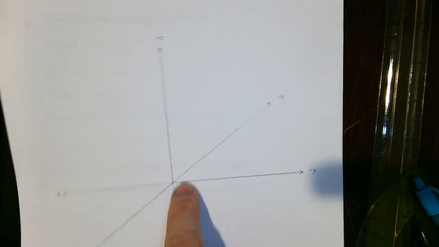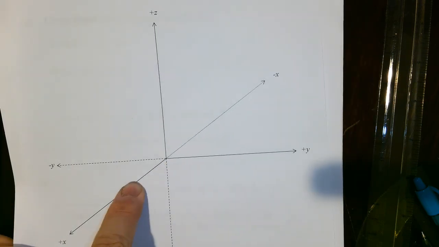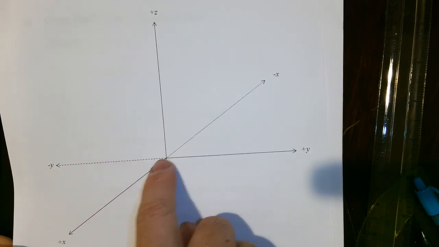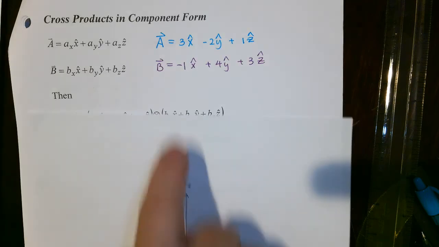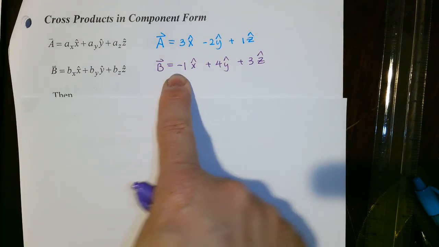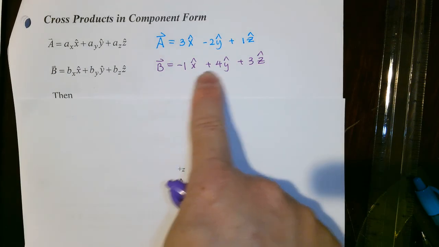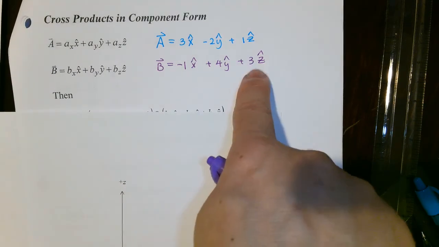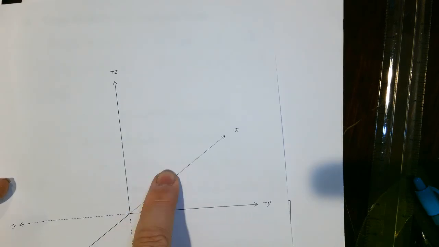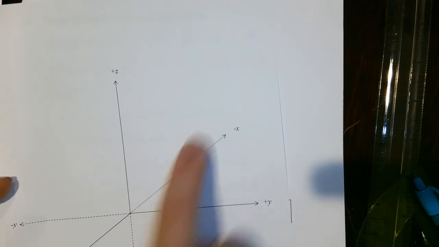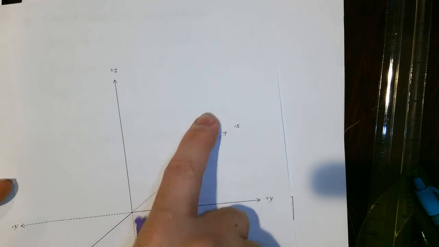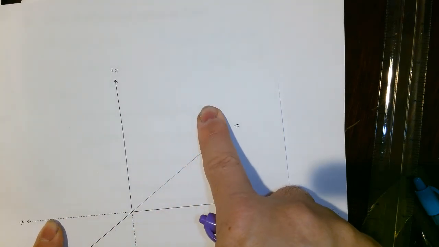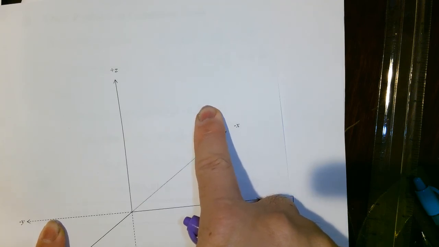And it's going to be positive 3, negative 2, and then it's going to be up like this, or the shadow is going to be on the xy plane. And my b vector is going to be negative x, right? Positive 4, so it's going to be in the second quadrant above the xy plane. So here, and like that. So purple vectors like this with the shadow vectors. So we have two vectors like that out in XYZ space, right?